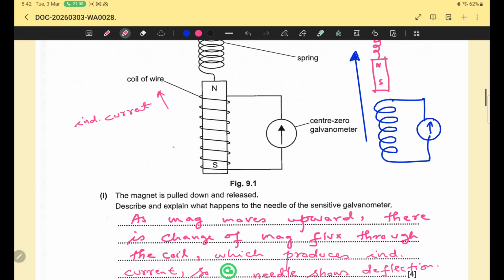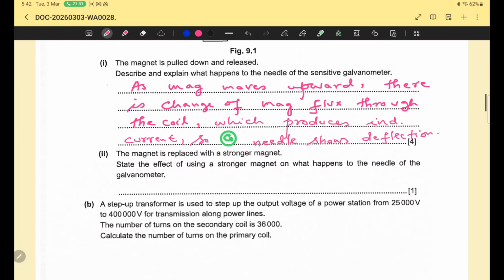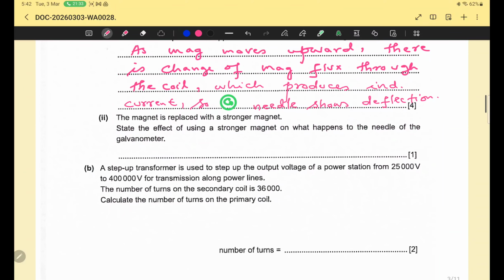If the magnet is weak, a small current is produced, so the deflection will be small. But if the magnet is strong, then greater current is produced, and the needle will show greater deflection.